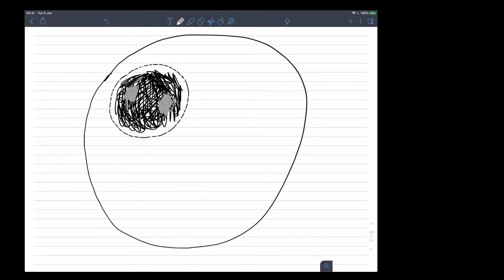But in these areas, there's lots of active gene expression going on, and this is where the genes for the ribosomes are being transcribed to produce the ribosomal RNA and the ribosomal proteins needed to synthesize the ribosomes. Okay, so that is the nucleolus area. So within the nucleus, we have the nucleoli, or the nucleolus, and these regions are where the ribosomal RNAs are being transcribed.